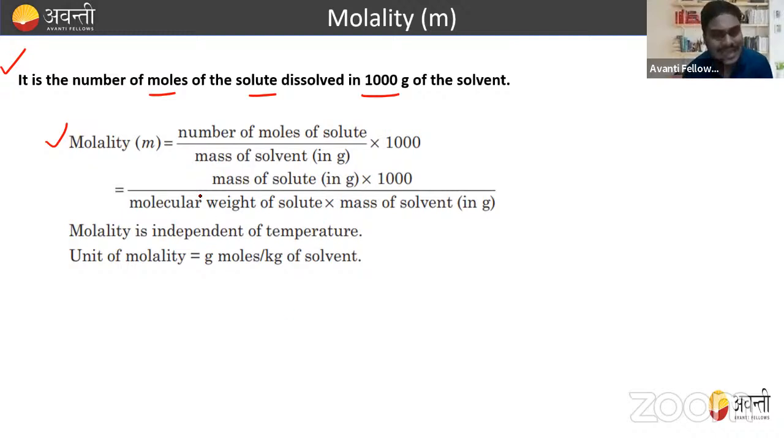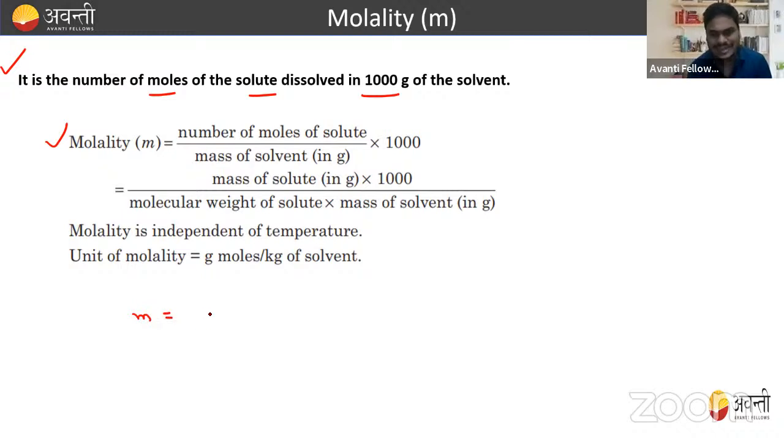We can calculate molality by using a simple formula, that is, the number of moles of the solute divided by the mass of the solvent in gram, multiplied by 1000. And how will you calculate the number of moles, beta? Let me write.